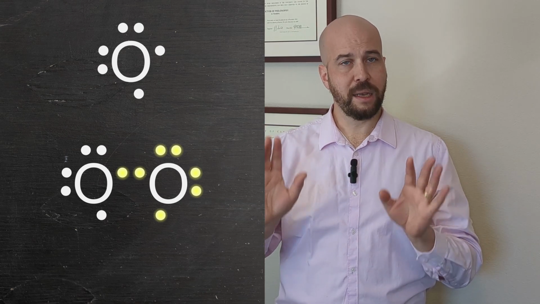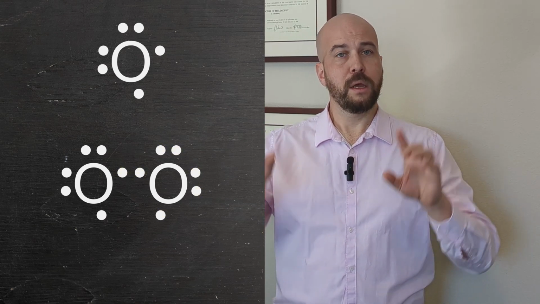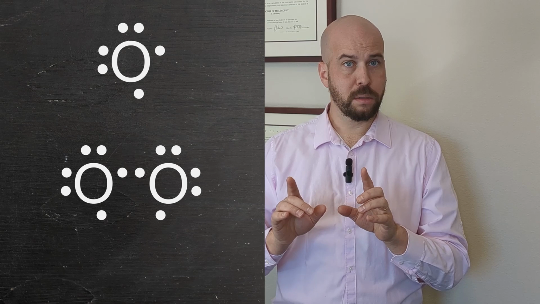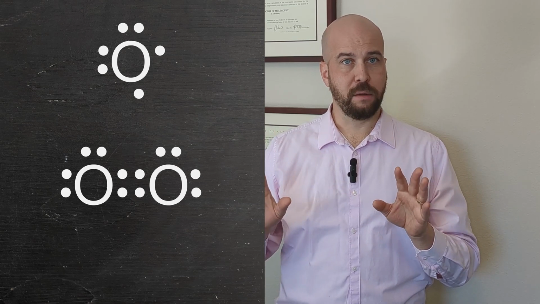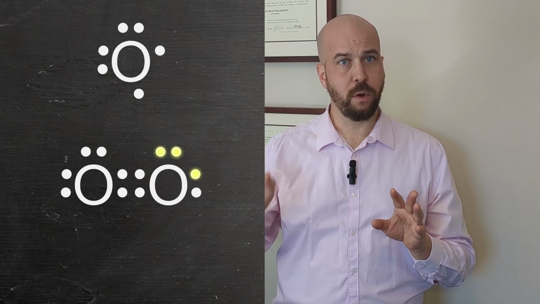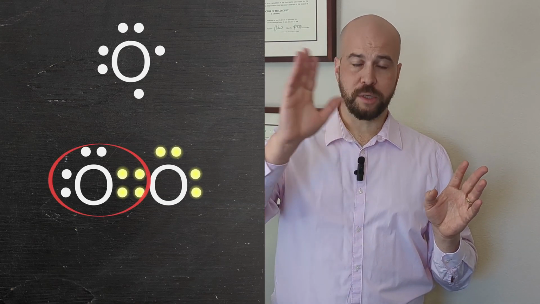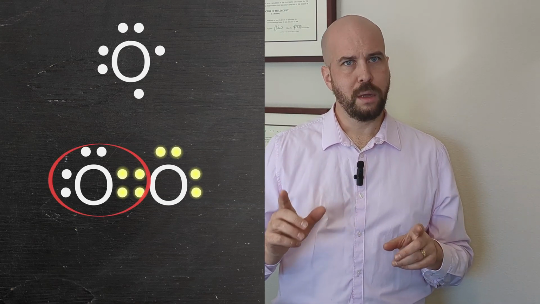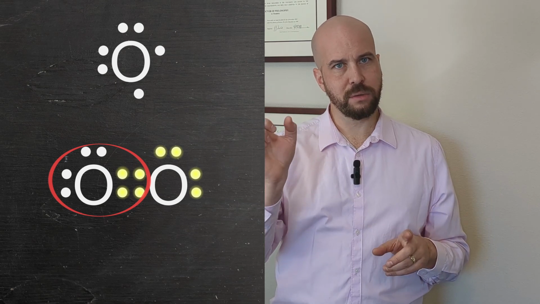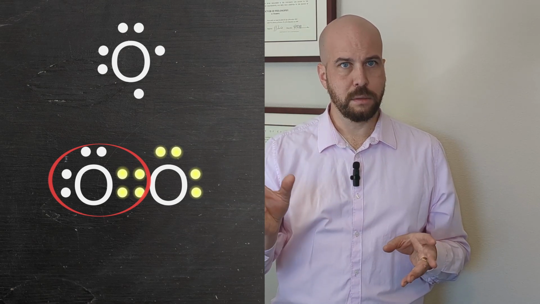We're still an electron short. So if we make a second bond, now when we do our count, we have 1, 2, 3, 4, 5, 6, 7, 8. And for the other oxygen, also 8. Note that I counted the electrons in the bond twice. I gave them to each oxygen atom because they are being shared.